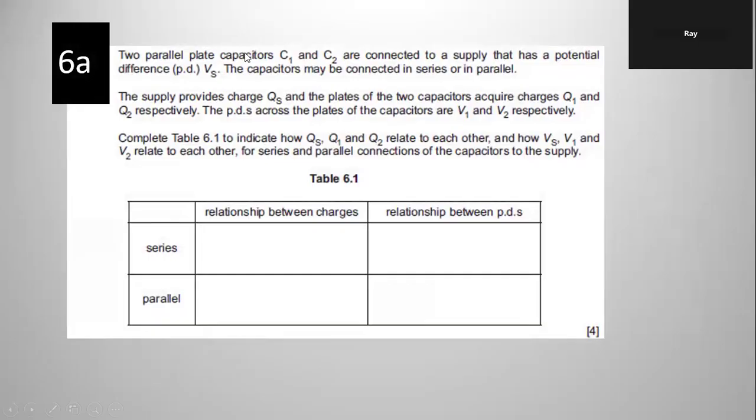Two parallel plates, capacitors C1 and C2 are connected to a supply and has a potential difference Vs. The capacitors may be connected in series or parallel. In series, Q1 equals Q2.